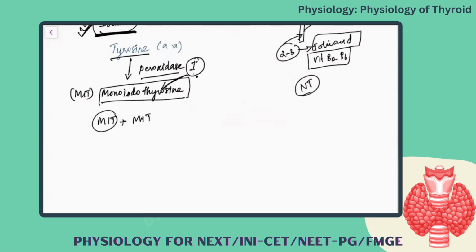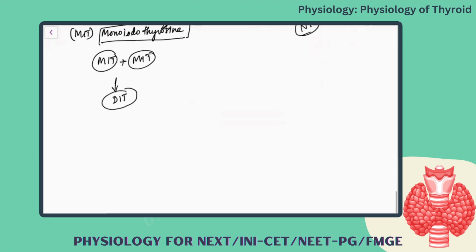And then many monoiodotyrosine will be formed. They will join together and it gives you diiodotyrosine. Now this diiodotyrosine again will join with one more monoiodotyrosine and it forms triiodothyronine, and with the same denomination, 2 diiodotyrosine will join and it will give you tetraiodothyronine.